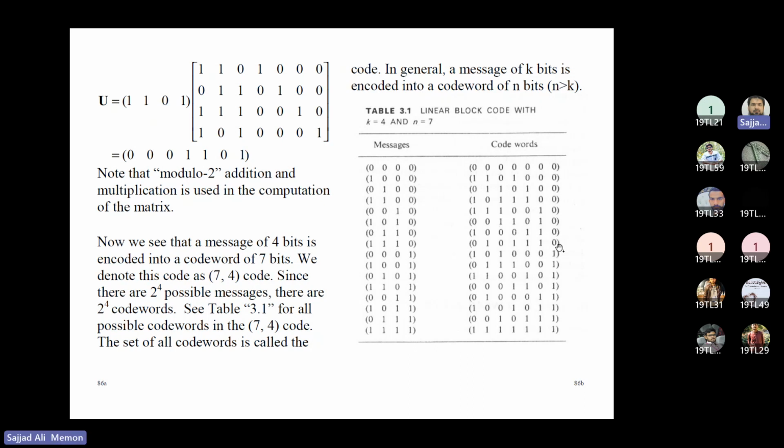So this subspace is called a subspace of that vector space of total combinations of 128, because when we have 7 bits, the total combination will be 128, but we have this subspace. Now if any code word falls outside this subspace, then we will say that we have an error.